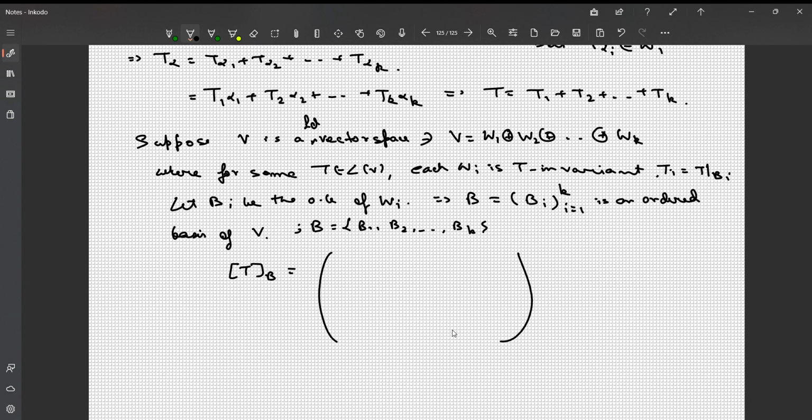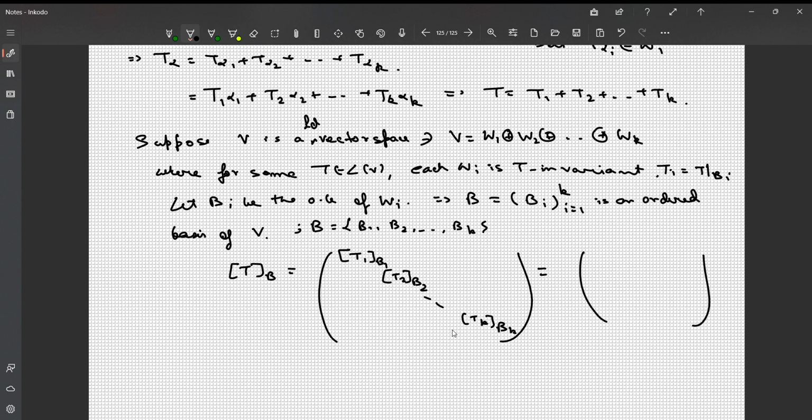Then this matrix is necessarily a diagonal matrix where the diagonal entries are the matrix of T1 with respect to the basis B1, the matrix of T2 with respect to the basis B2, and so on, the matrix of Tk with respect to the basis Bk. Is it clear? So this is a block diagonal form.